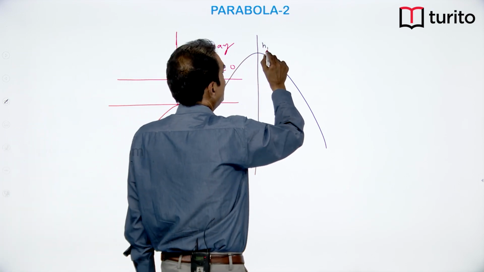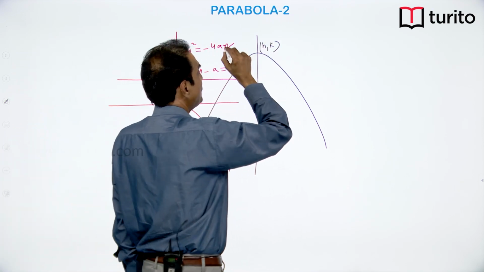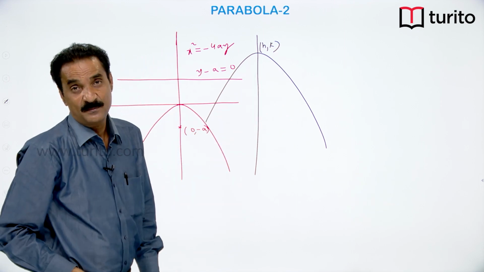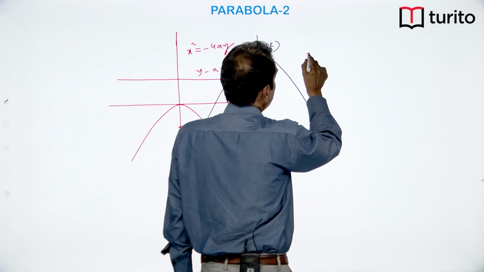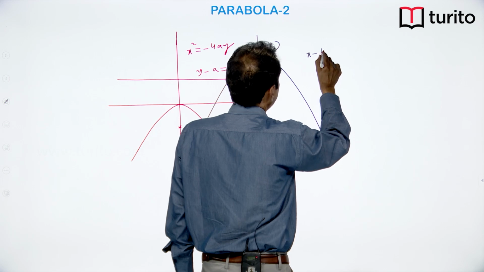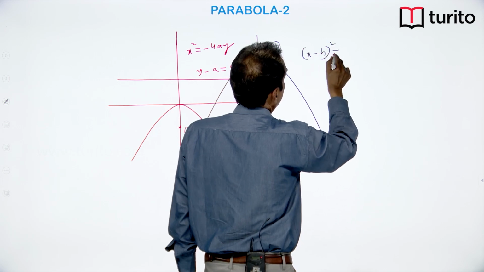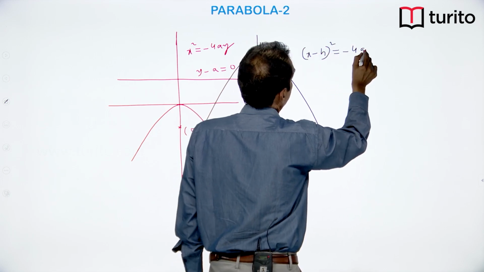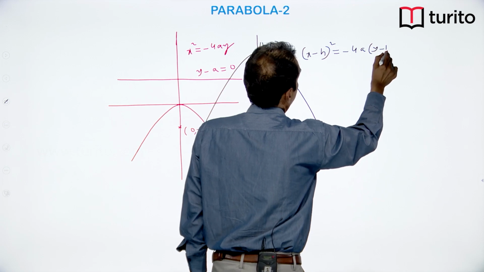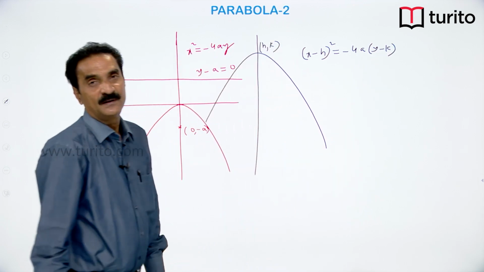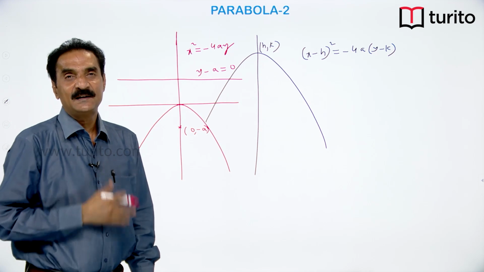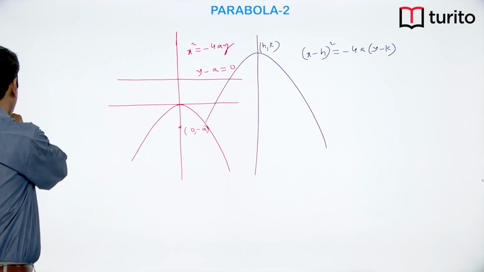The vertex is (h, k). If the vertex is (h, k), the equation of this parabola will be (x minus h) whole square is equal to minus 4a into (y minus k). Now all the characteristics of this parabola are given in the list.